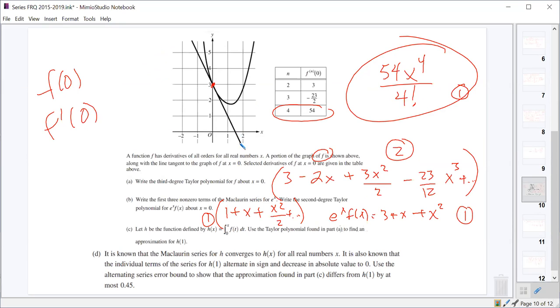So if this is the tangent line, the slope of that tangent line is negative 2. Any other questions on that problem? You're all okay with that problem? All right. Cool. That's good enough for series stuff for today, I think.